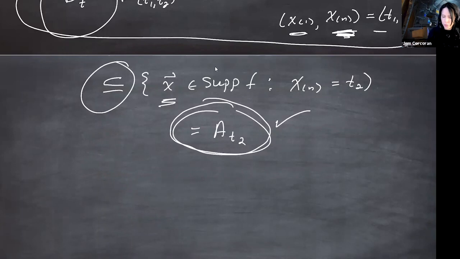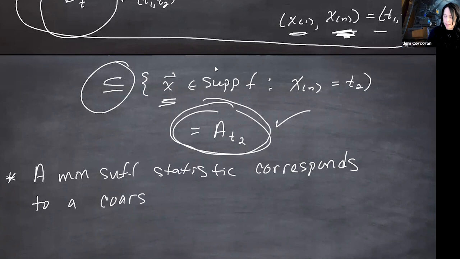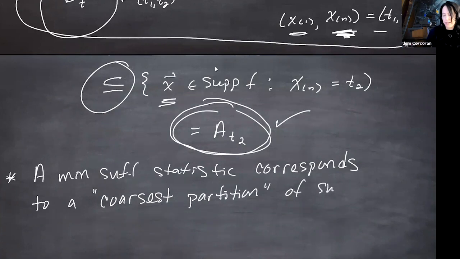that make sense? Again, the whole point of this is to say that a minimal sufficient statistic makes a partition, they all make partitions, and corresponds to a coarsest partition of the support of the joint PDF.